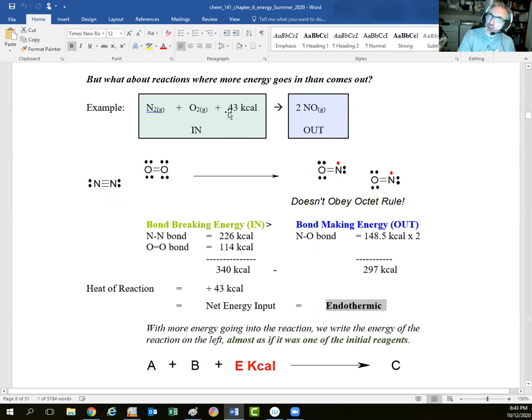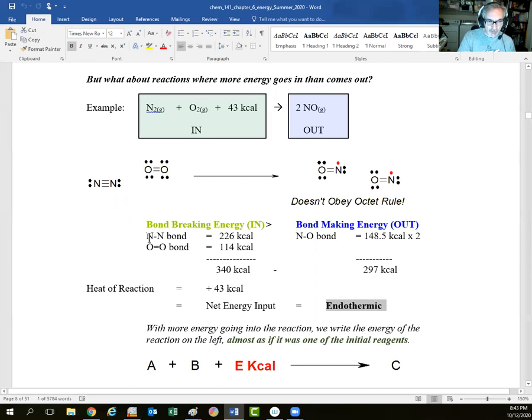So the energy term, when we add it to the equation, now is on the left like one of the initial reactants. Because like the nitrogen and oxygen, that 43,000 calories of energy has to be consumed to make the reaction happen. Energy in, but no energy coming back out.